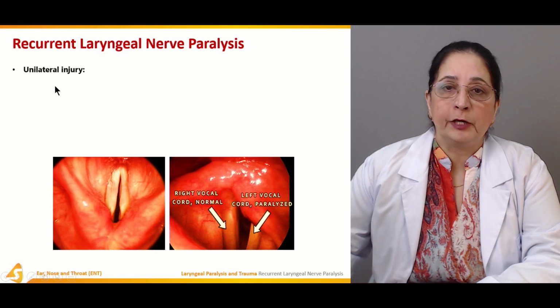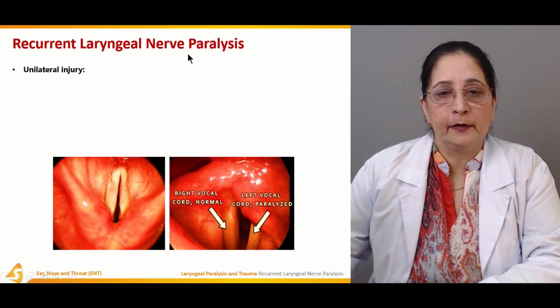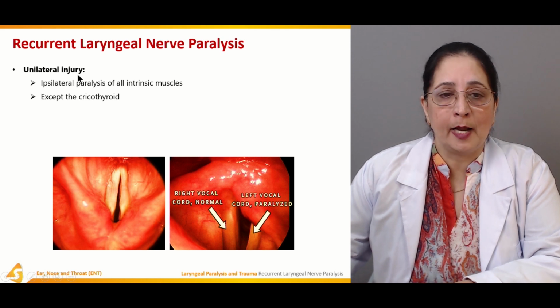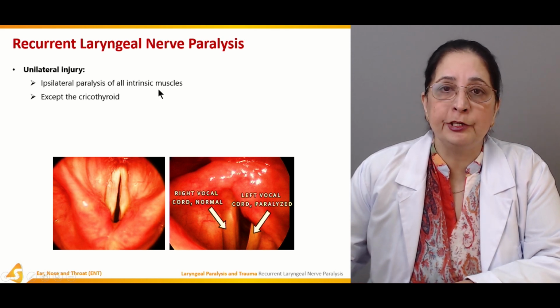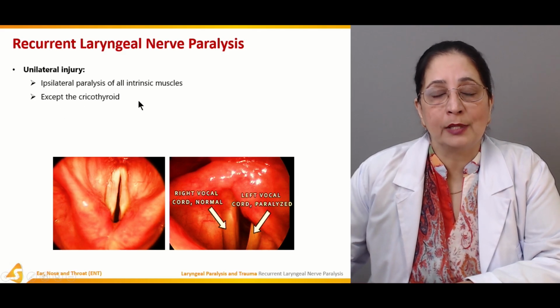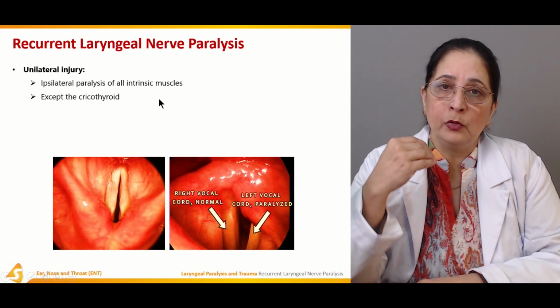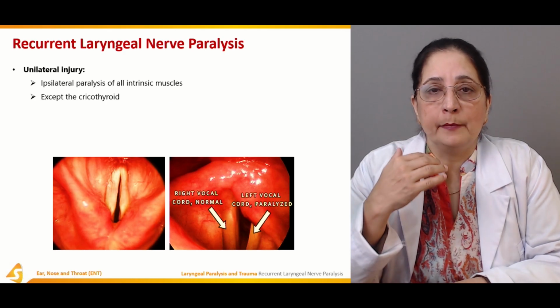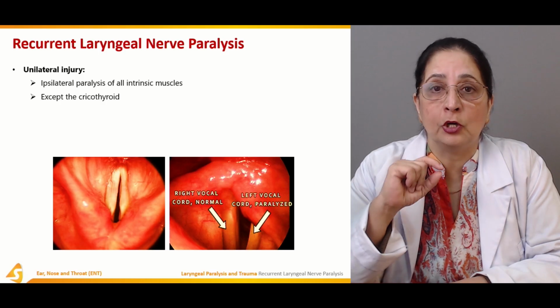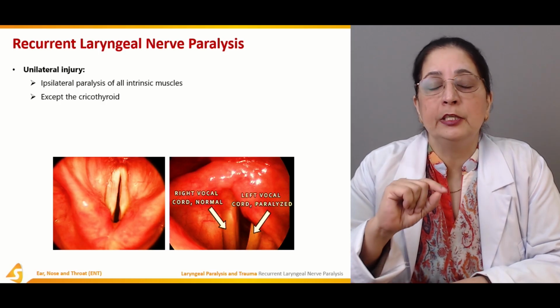In the unilateral injury of the recurrent laryngeal nerve, we have ipsilateral paralysis of all intrinsic muscles except the cricothyroid. Now we know that the cricothyroid muscle is supplied by the external branch of the superior laryngeal nerve.